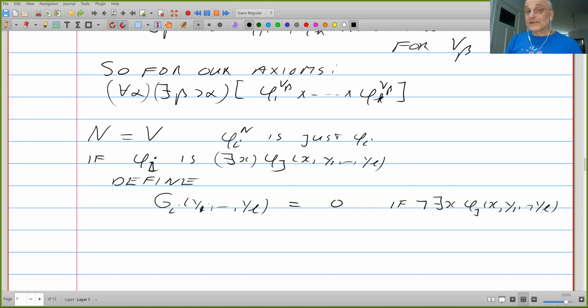If there is no x, we set g of I of our things to be equal to 0.